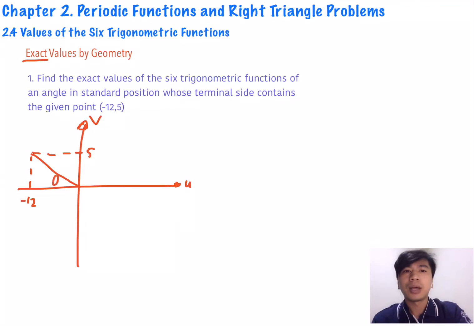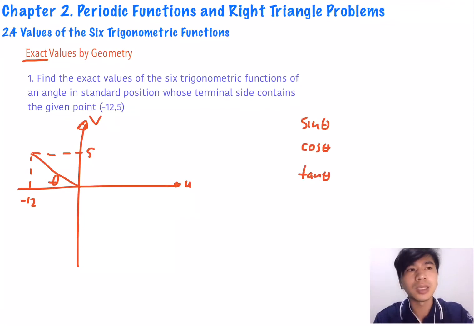And we are told to find the 6 trigonometric functions: sine theta, cosine theta, tangent theta, and then cosecant theta, secant theta, and cotangent theta. How to find it?